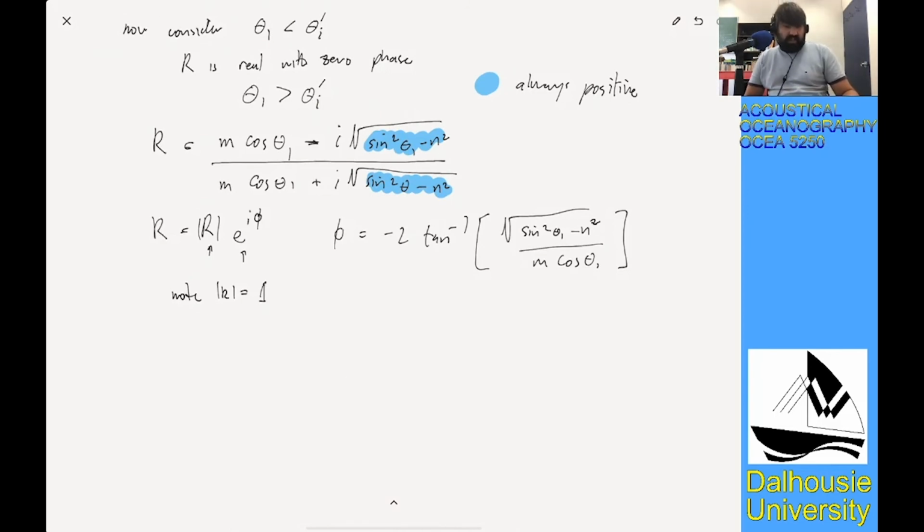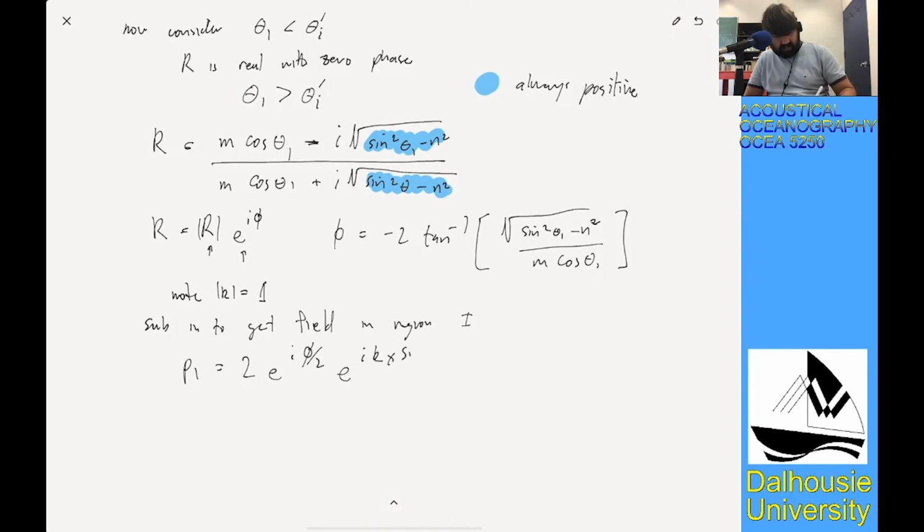So we can sub into the field and get, okay? Sub in to get the field in region 1. So P1 now is 2 e to the i phi over 2 e to the i k times x times sine theta 1 cos k z cos theta 1 plus phi over 2.